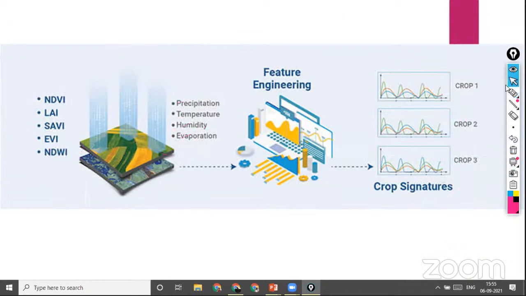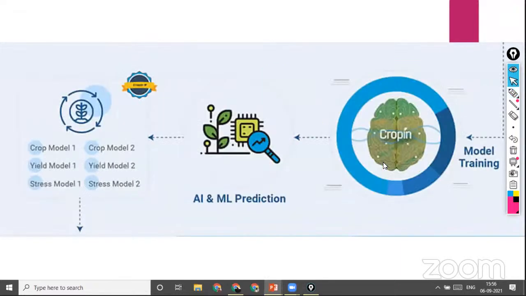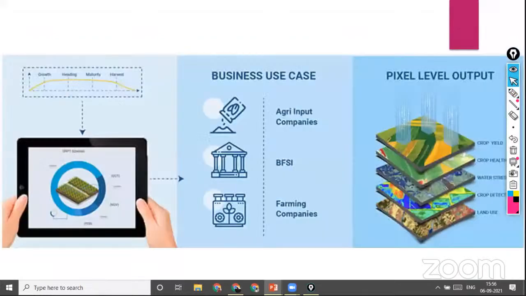You can use these crop signatures for building different types of models using machine learning and deep learning techniques. And once you do that, you can use that information for many business use cases, like banking, financial services, or insurance companies will be looking at this information, and agriculture companies will also be looking at it.